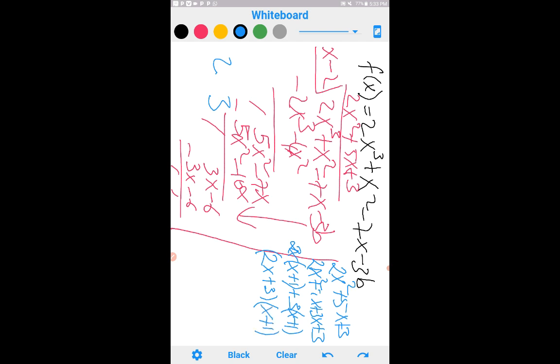So now factorizing f of x completely, it means we now have f of x being, first of all, x minus 2. Then now 2x plus 3. And finally x plus 1. So here we have factorized f of x completely.